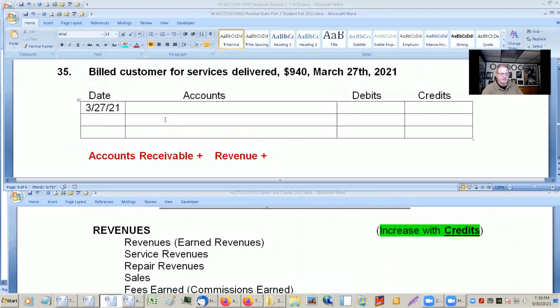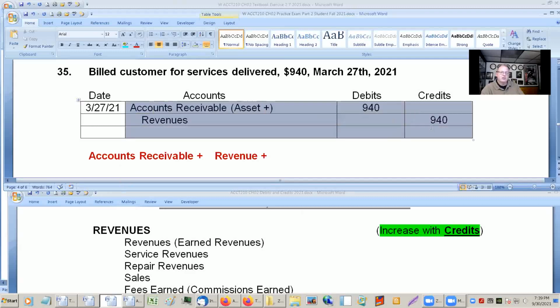So at this point, we can actually make the journal entry. Accounts receivable 940. And again, the reason why accounts receivable is an asset is because in the future, that's going to turn into cash.